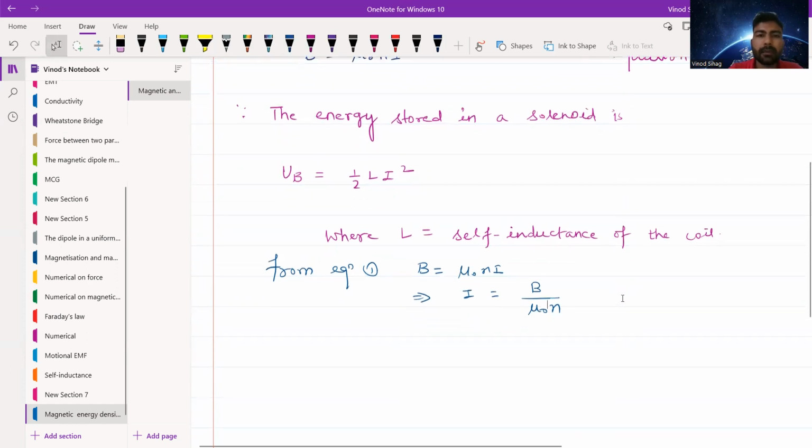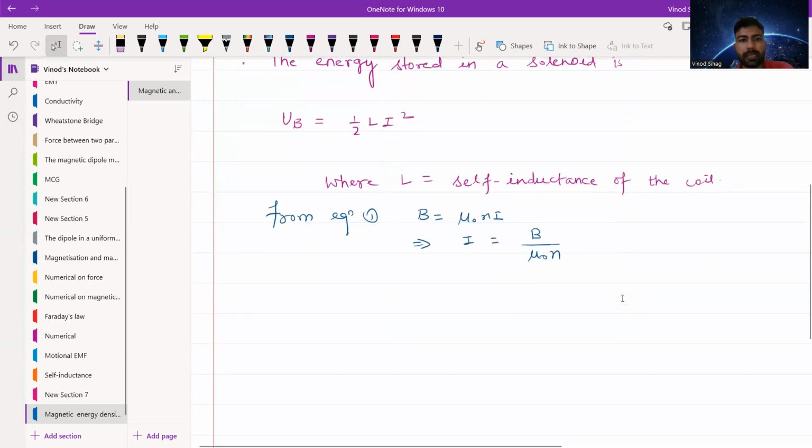Now the energy stored will be UB equals 1 by 2 L, and in place of I, it will be B upon mu naught n, and its square.